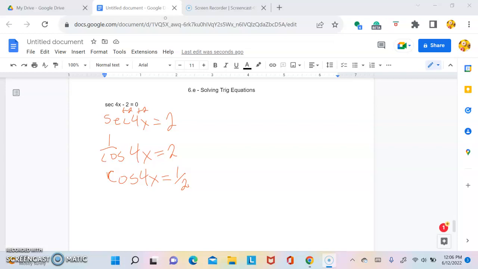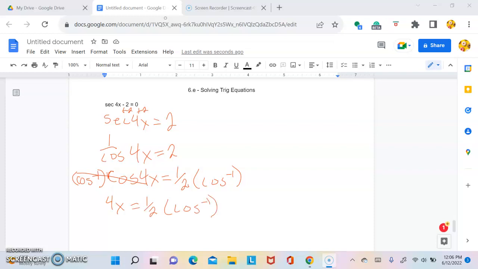Next, what we're going to do is find the arc cosine on both sides. It cancels out the cosine on this side, so we're left with 4x equals arc cosine of 1/2.